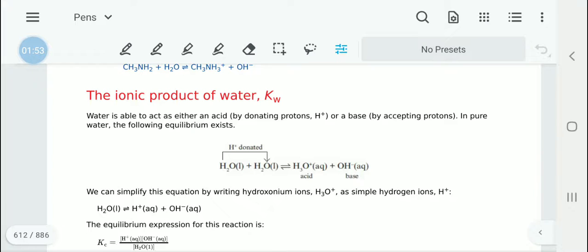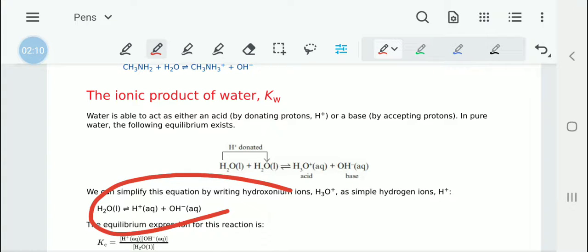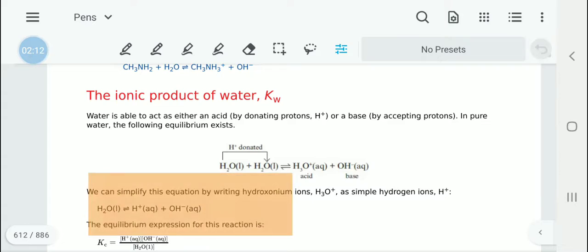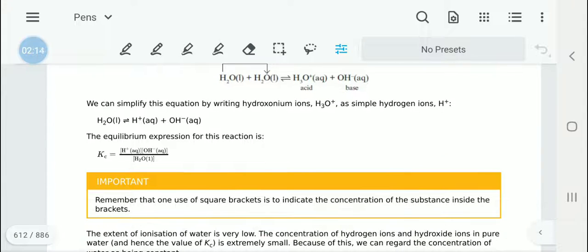Then the hydroxonium ion and the OH minus ion: OH minus is going to be the base. So we simplify that equation, H2O liquid dissociating into H+ aqueous and OH minus aqueous, as shown here. Right, so this is what happens when it comes to water.